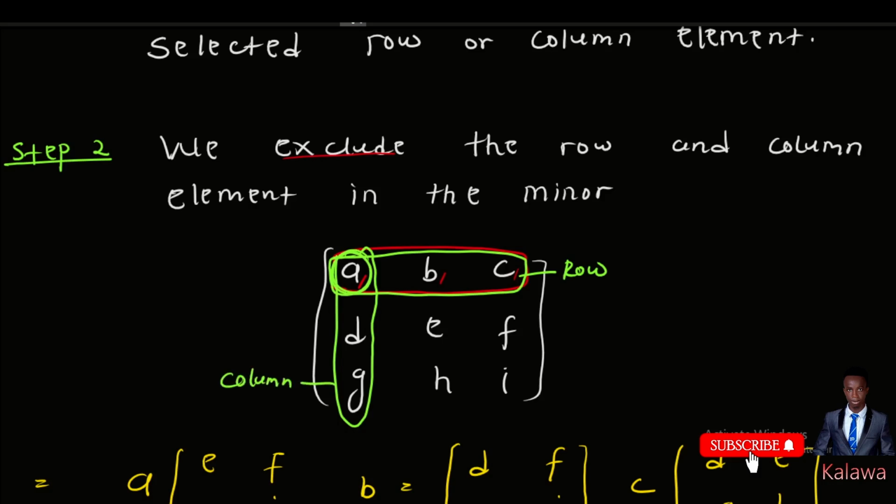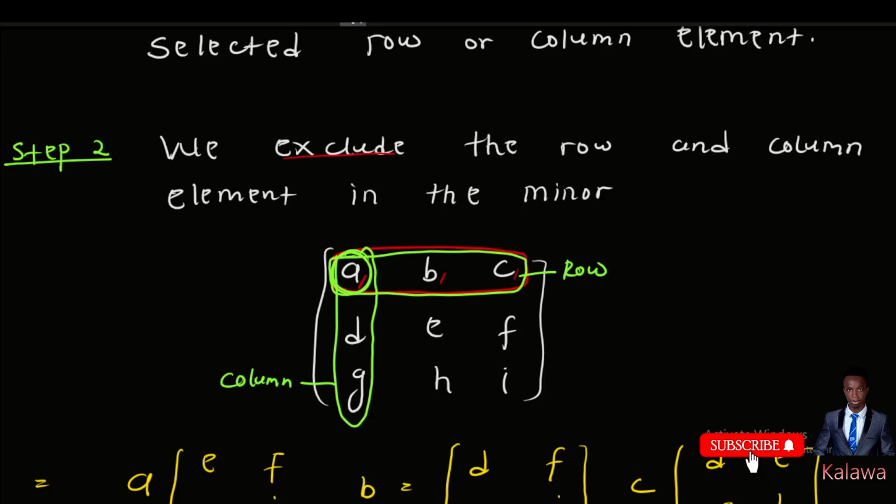Once you determine in which row and column A is connected, you take them out. Whatever remains is going to be the minor of that particular element which you have chosen.